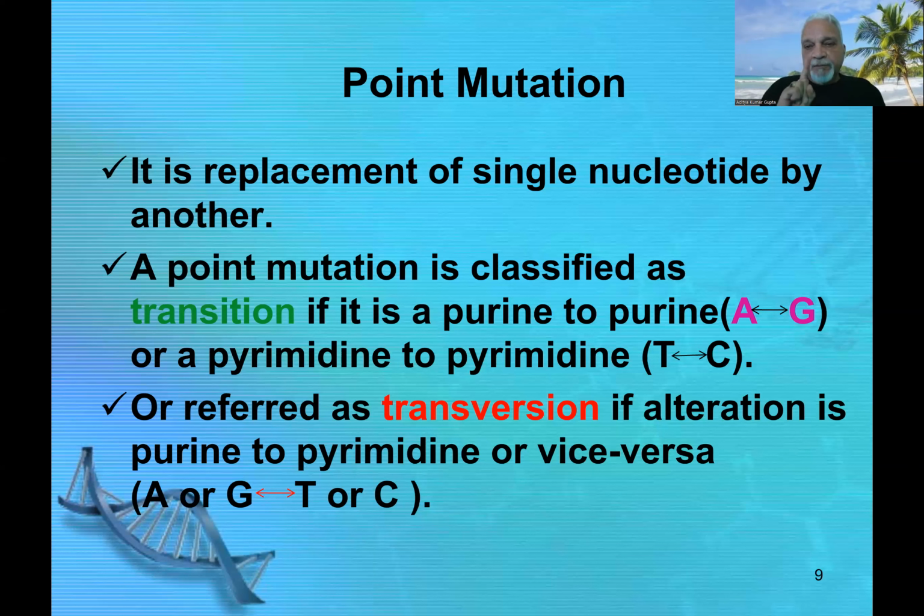Number two, it can be purine to purine or pyrimidine to pyrimidine, or it can be purine to pyrimidine and vice versa. This is the law in point mutations, but only a single nucleotide. There can also be double mutations, where two nucleotides change in the same fashion.